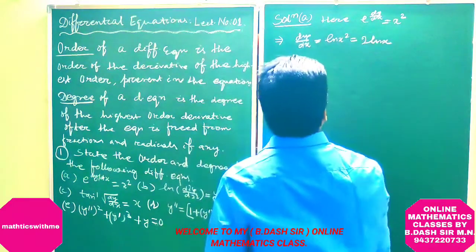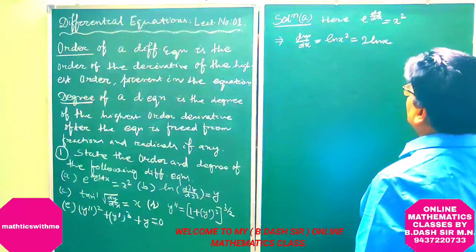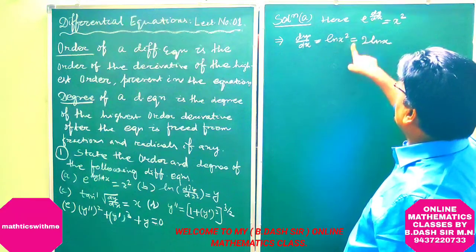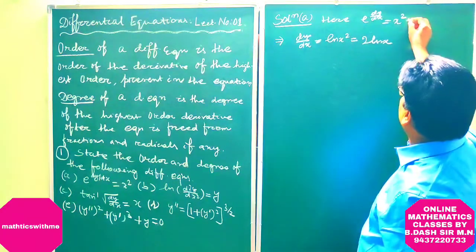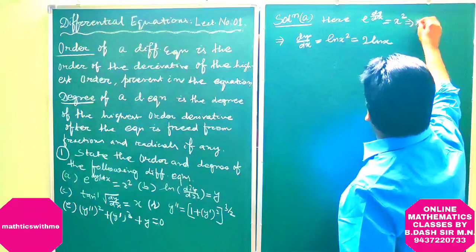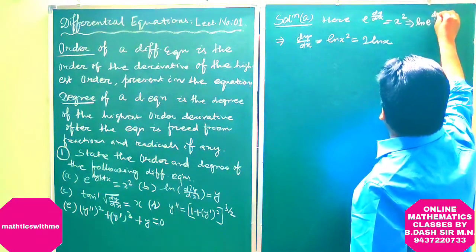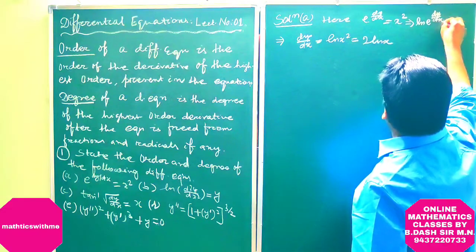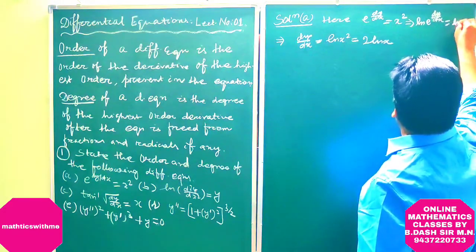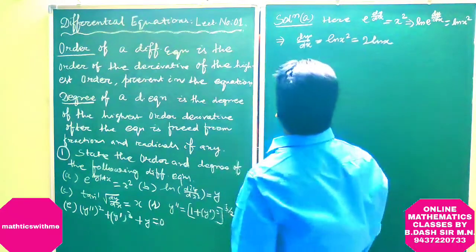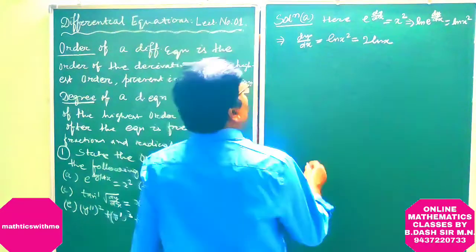So taking logarithm of both sides, we get ln e to the power dy by dx is equal to ln x square, from which we get this expression.